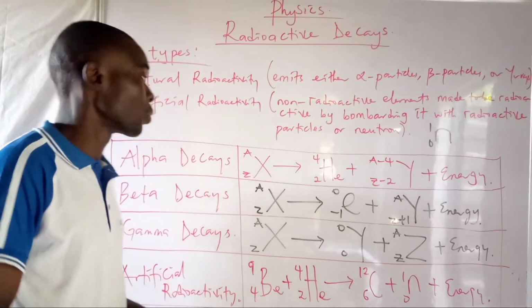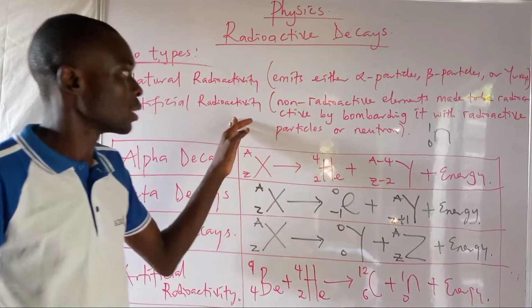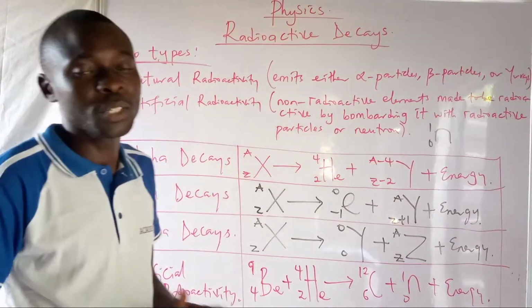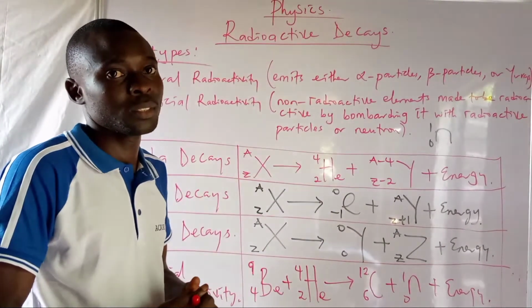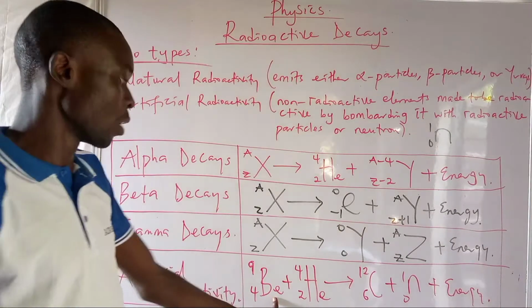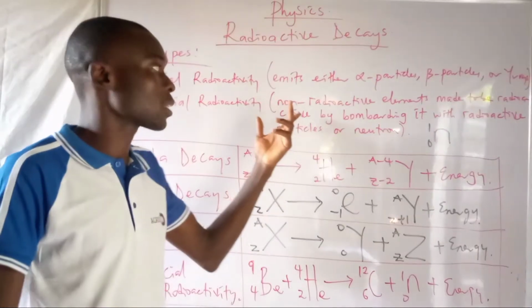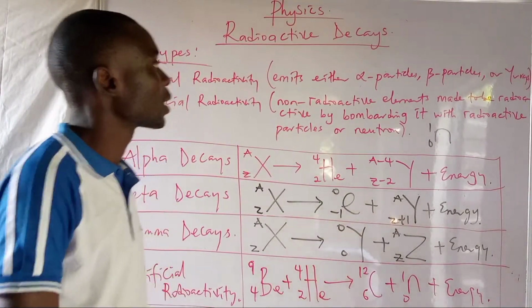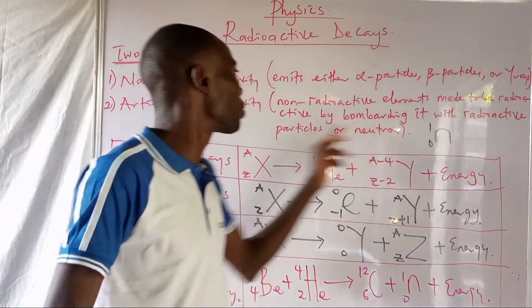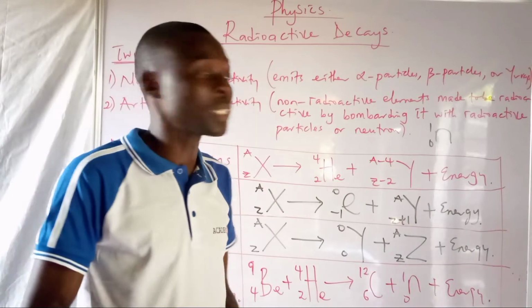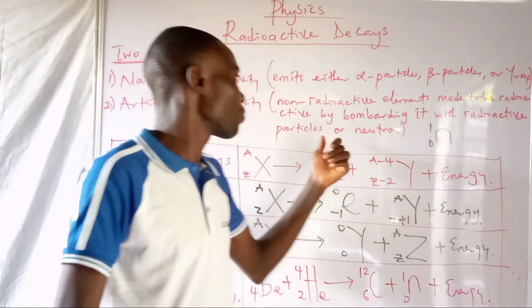But when it comes to artificial radioactive decay, a non-radioactive element such as beryllium used here, or nitrogen or boron, any non-radioactive element can be made to be radioactive by bombarding it with a radioactive particle.